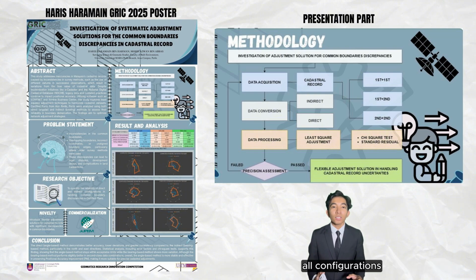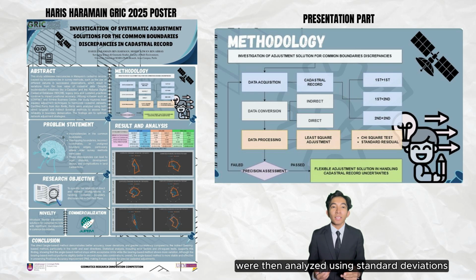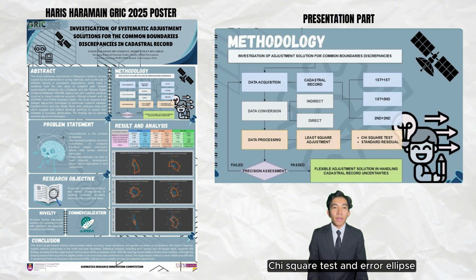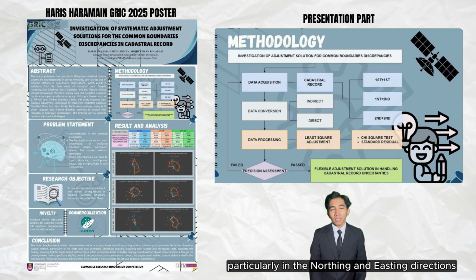All configurations were then analyzed using standard deviations, chi-square test, error ellipse, and also factor analysis. This allows us to evaluate how well each method performs in preserving positional accuracy, particularly in the northing and easting directions.